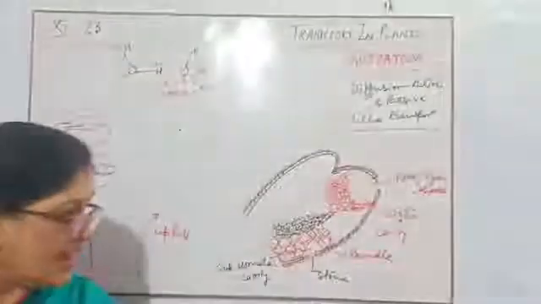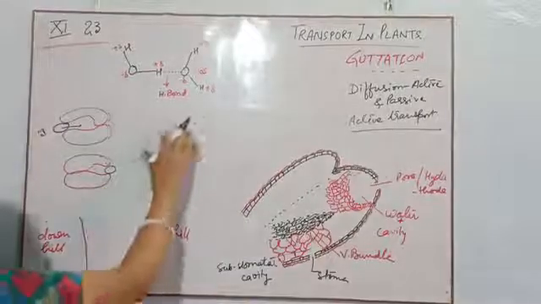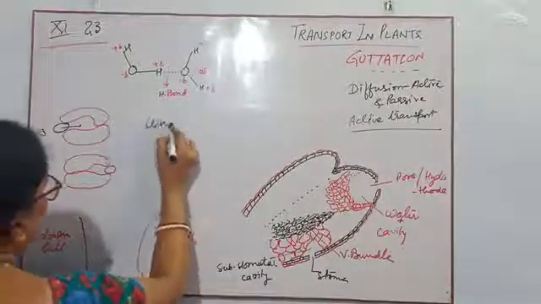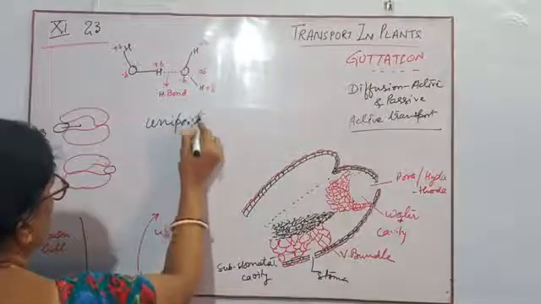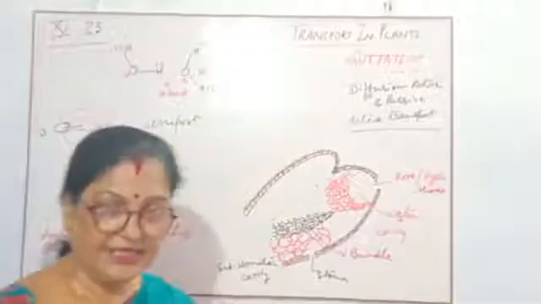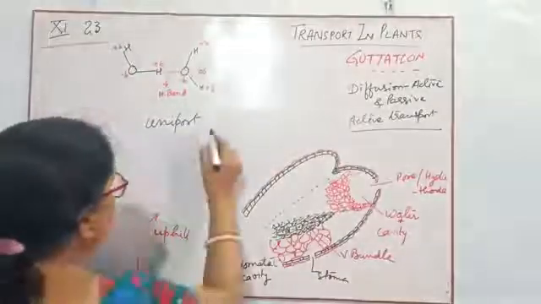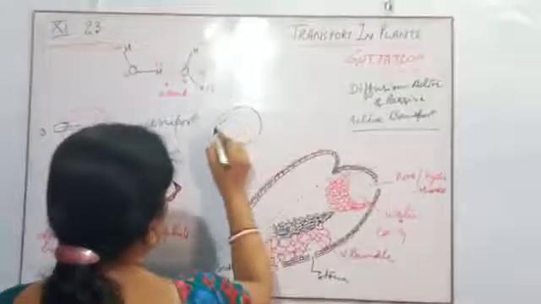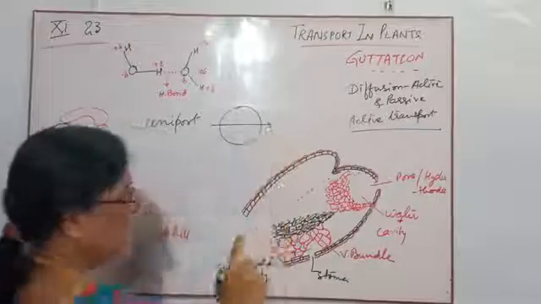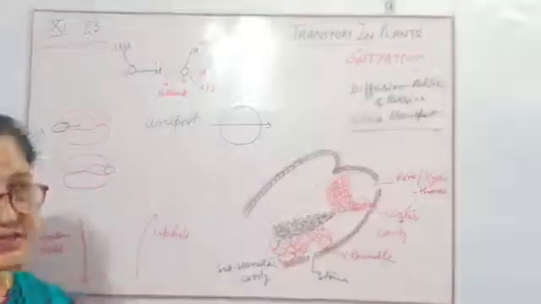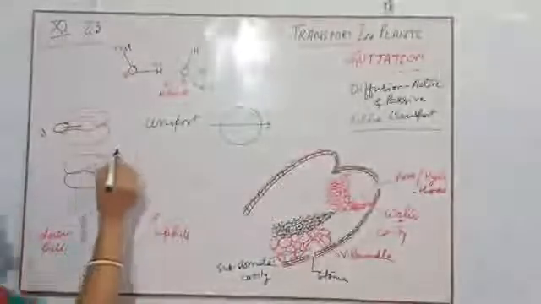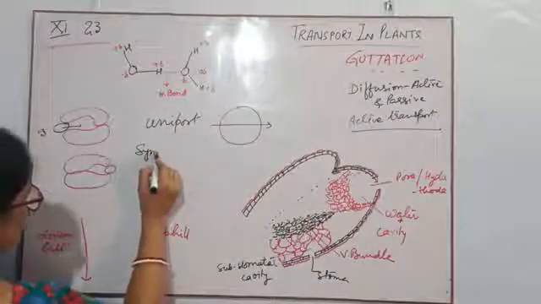Now children, I want to tell you a few names. One is uniport. Port means to carry. So if through that molecule one thing is carried from one place to another place, it is known as uniport. Next is symport.